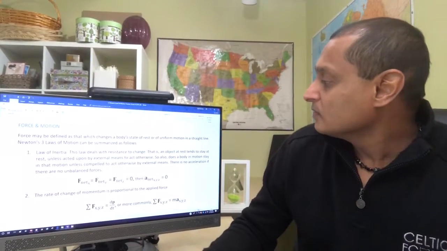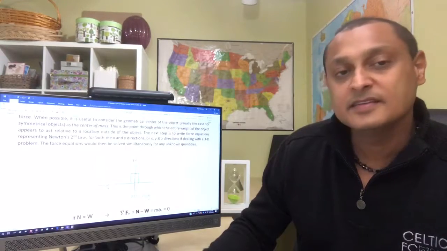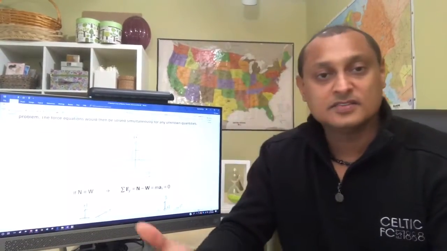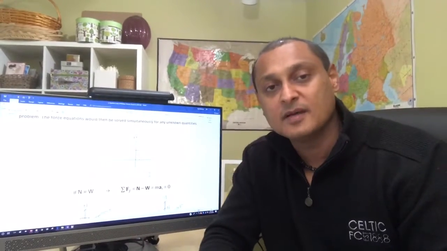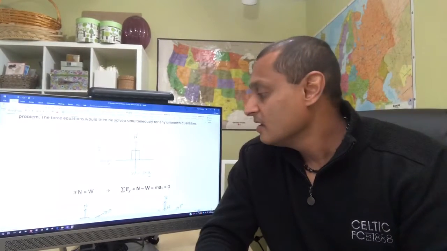Now, if we were to scroll down, we can get an idea of the content of this chapter. The basic definitions of what a force is, what a normal force is. It's a reaction to the weight of an object. That's one of Newton's laws, actually, his 3rd law of motion, as a matter of fact: for every action there is an equal and opposite reaction.